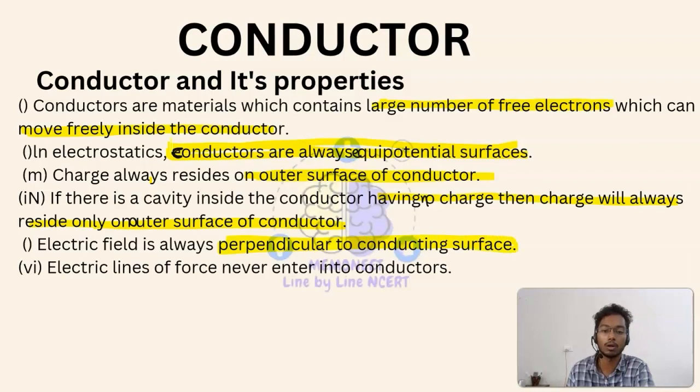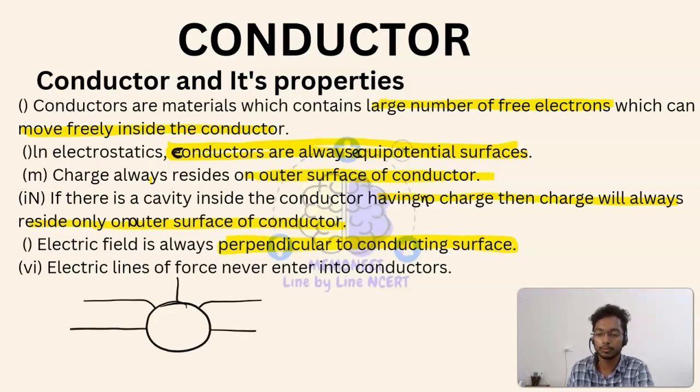What are the properties of the electric lines of force? Let's say we have a conductor here, and the electric lines of force will touch the conductor like this, always perpendicular to the conductor.